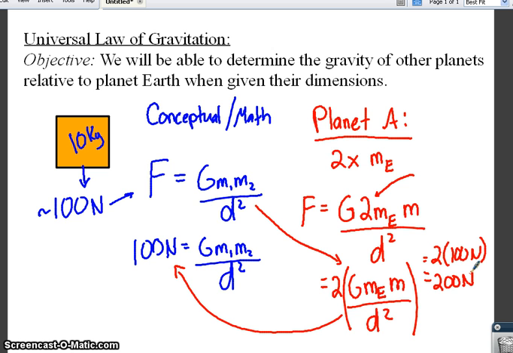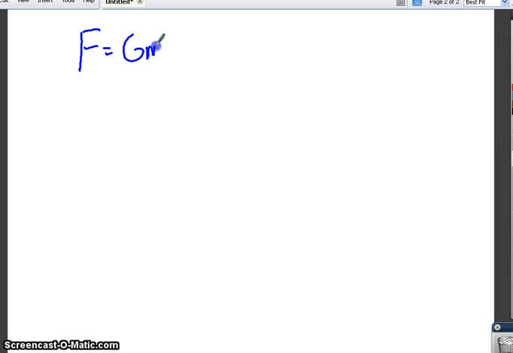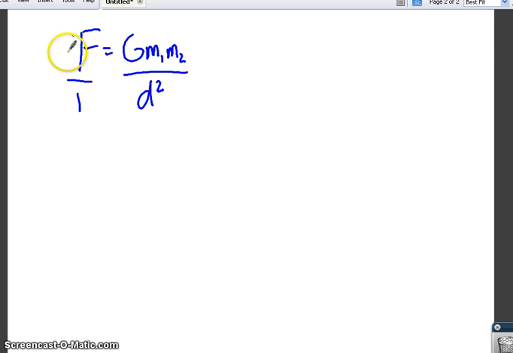Really, all we're trying to get you to do is be able to understand what this equation is really saying. And I want you to notice this, going to the next page here, that when it comes to this equation, F equals G m1 m2 over d squared, if we treat this like a fraction, the force and the masses are both in the numerator.